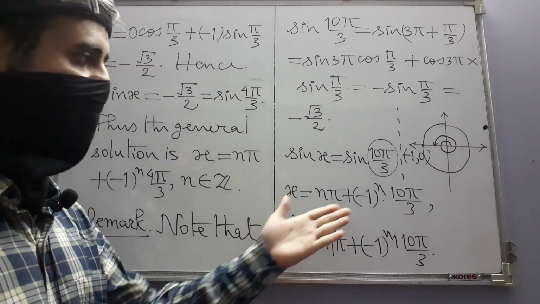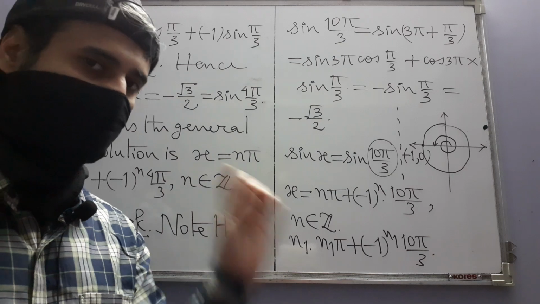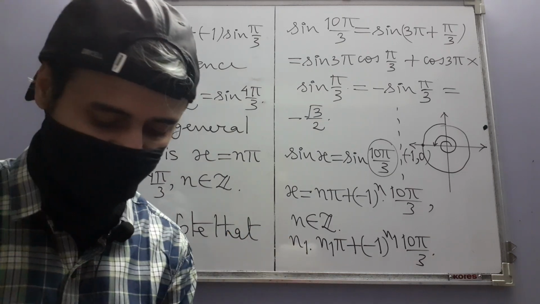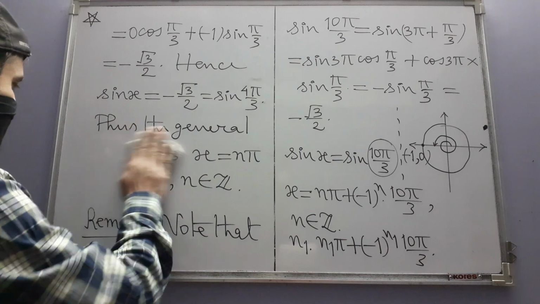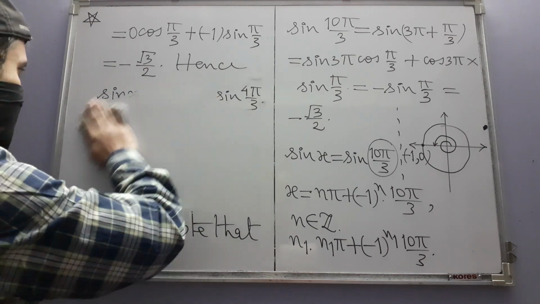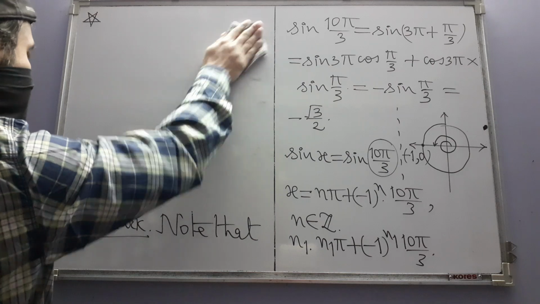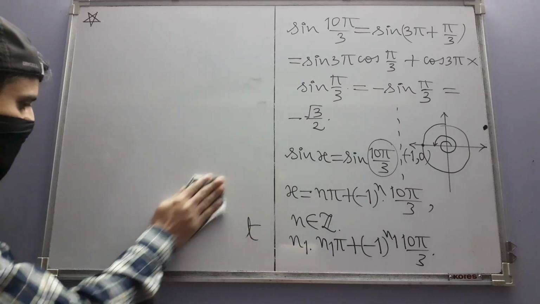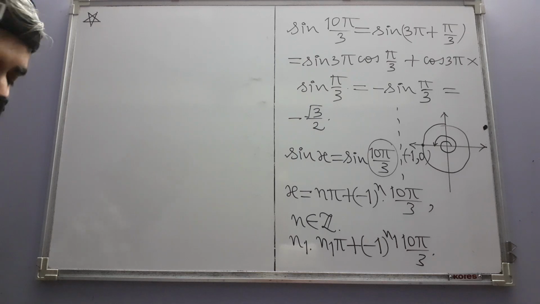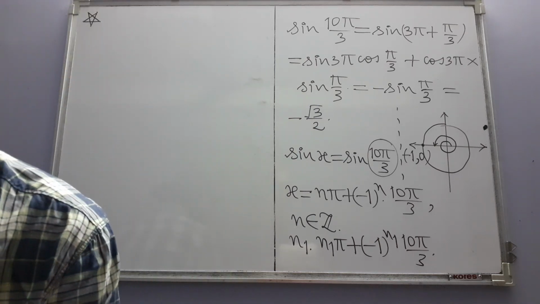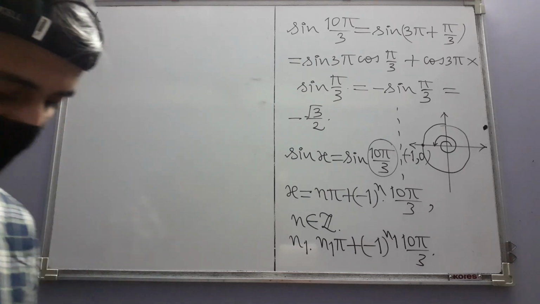Okay, so it does not matter what one writes here. That's the general solution. That was the remark. And it's not a mistake also. It's like the same God having different avatars. It's like that.